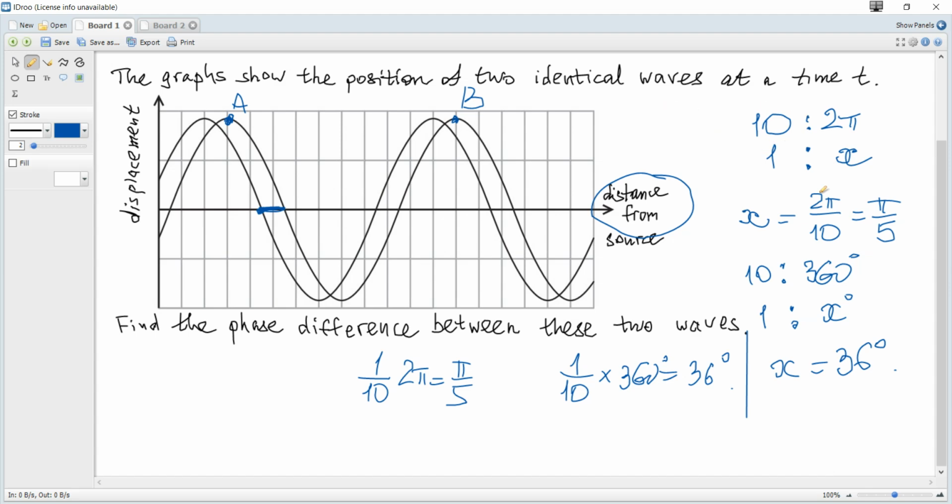Or if there is time on the x-axis, hence one complete oscillation corresponds to the time period, and the shift must be in seconds or other units of time, but it must be the same units of time.